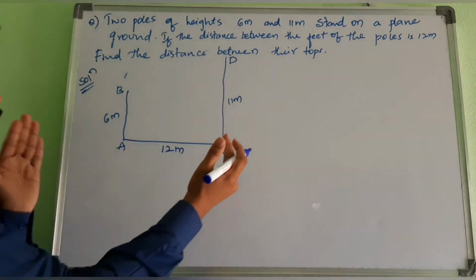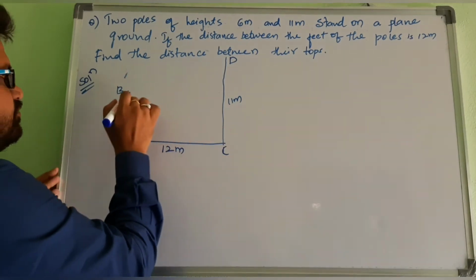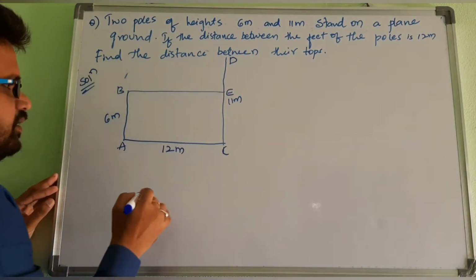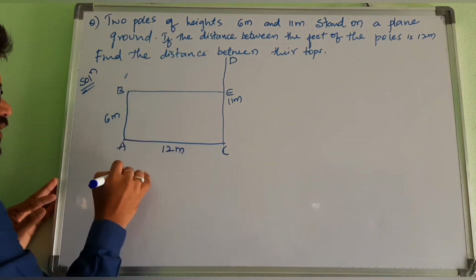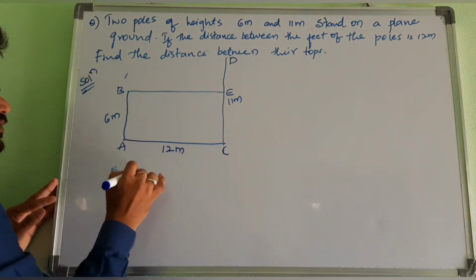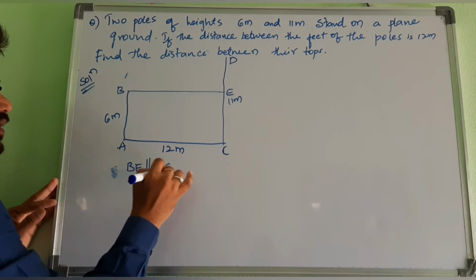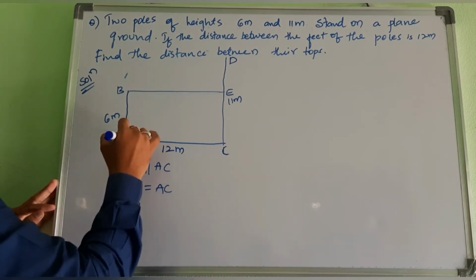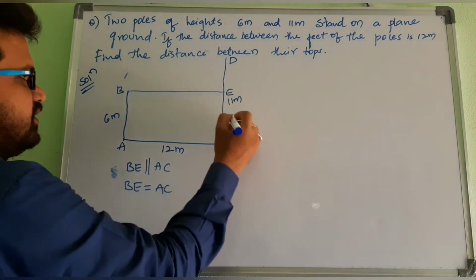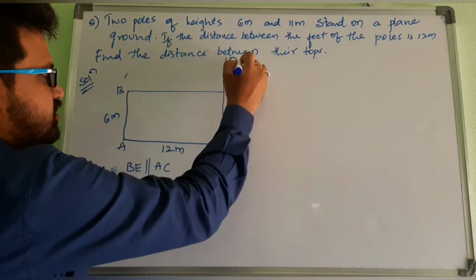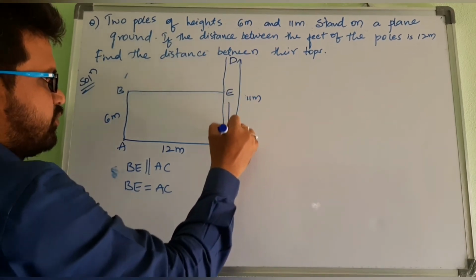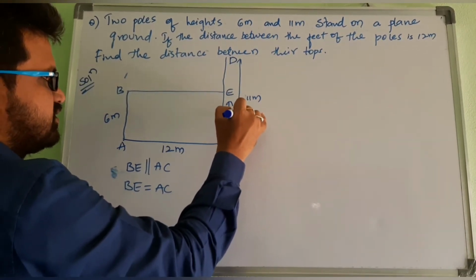Now you draw one parallel line to AC. Let this be E, right? So BE is parallel to AC and BE is equal to AC. Why? Because AB is equal to CE. This total is 11 meters, and up to here it is 6 meters.